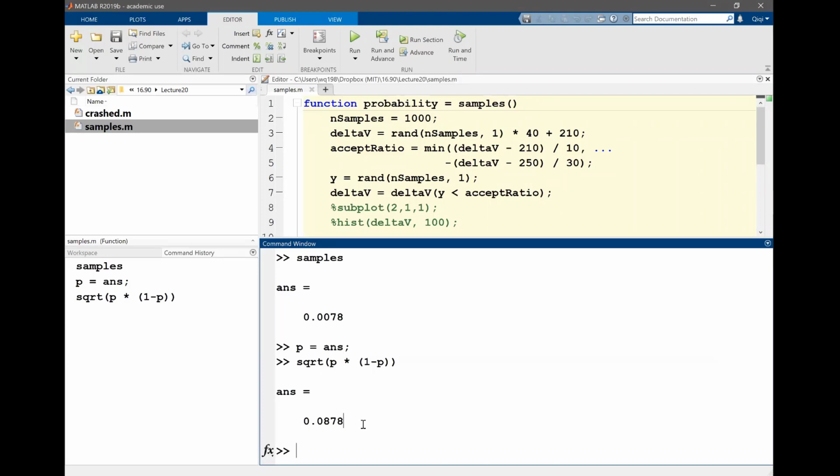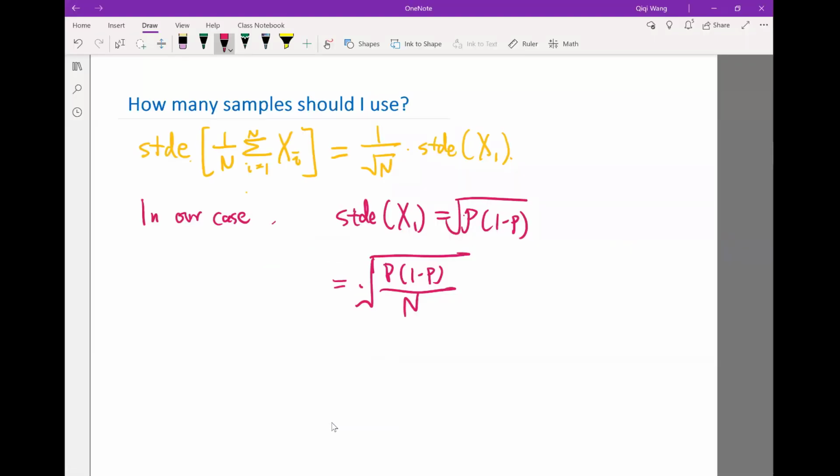If I want 0.1%, that means I need to reduce my error by a factor of something about 100, right? Okay, so if I need to reduce my error by a factor of 100, how big of n do I need to use? What n would lead me to a reduction of the error by a factor of 100? 100 squared. 100 squared, or 10,000 exactly. Very good.